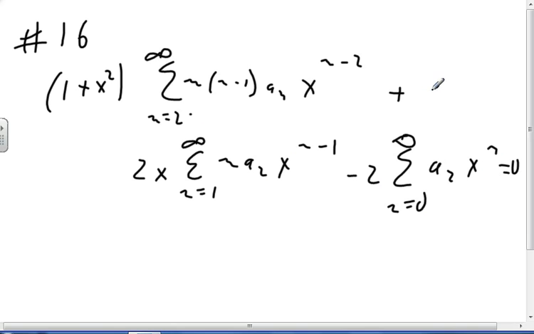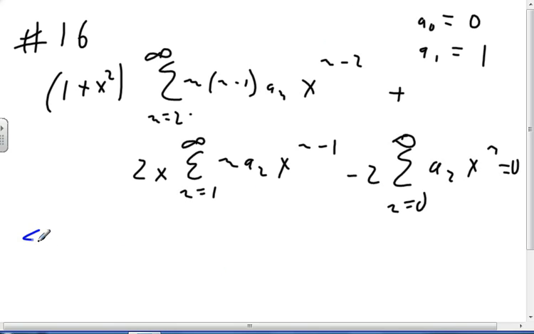We have initial conditions which say a0 is 0 and a1 is 1. Okay, so we already know what a0 and a1 are. They're given to us. Did I write the problem down right? It would appear I might have.